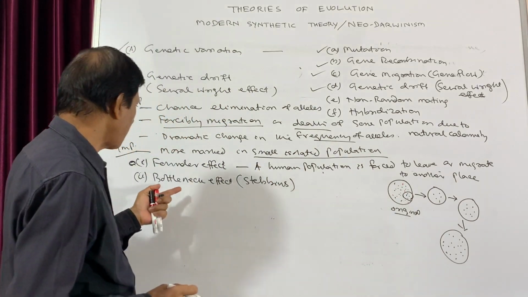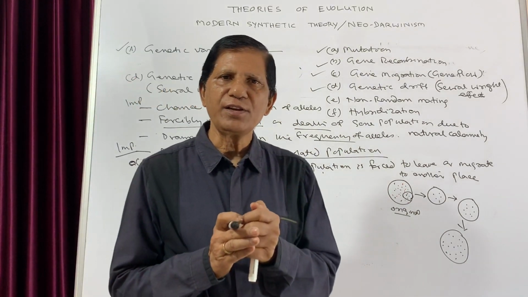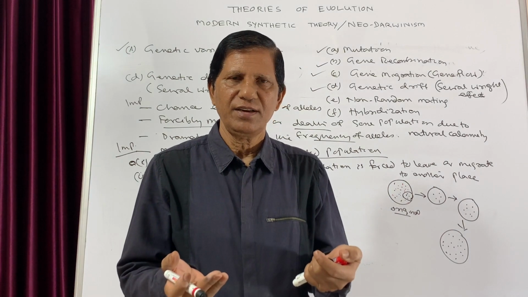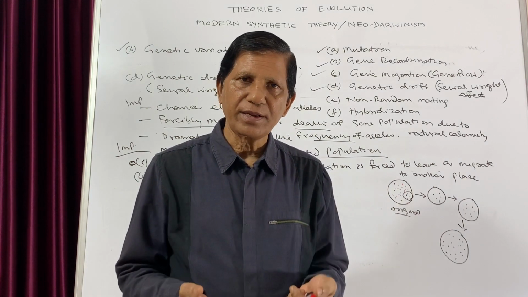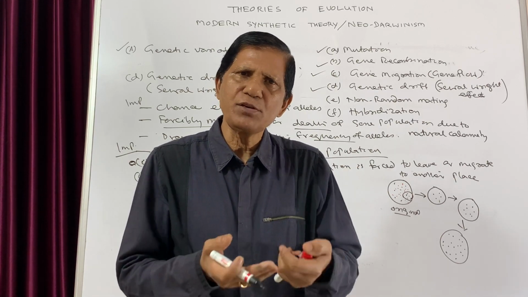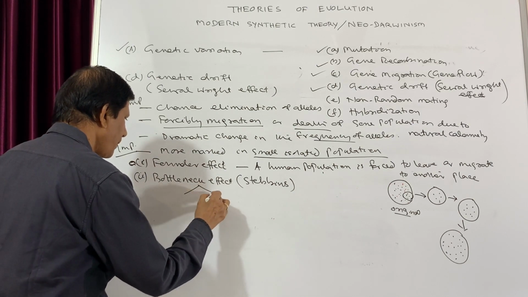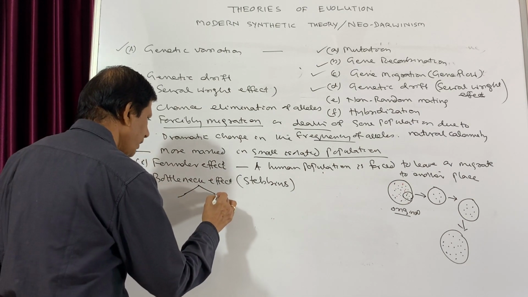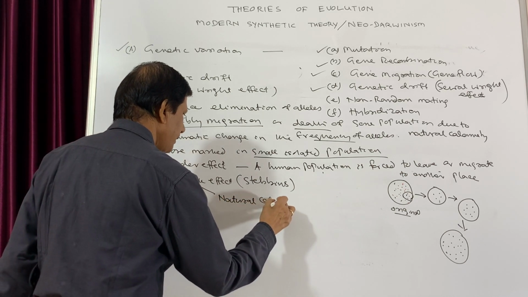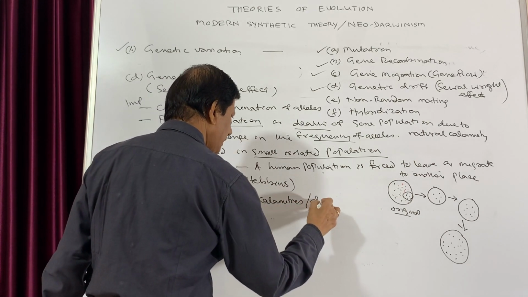But the bottleneck effect occurs when there are catastrophes, disasters like earthquake, fire, flood, volcanic eruption, some natural calamities. So usually the bottleneck effect is found due to natural calamities, or you can call them disasters.